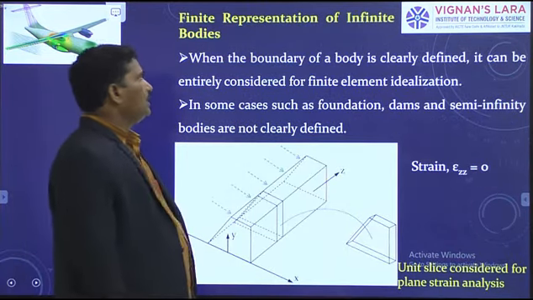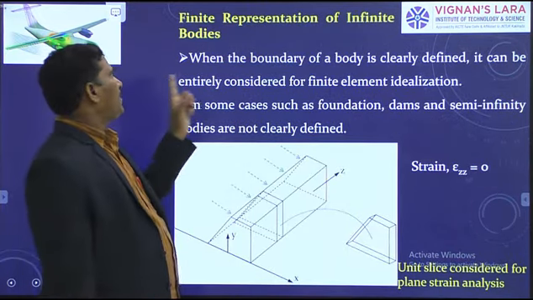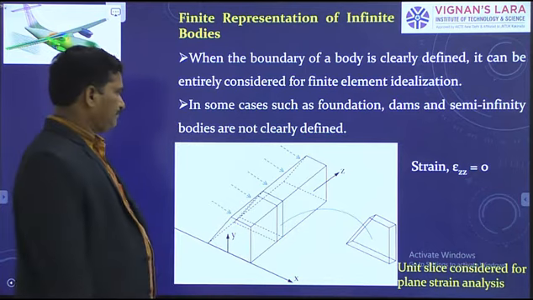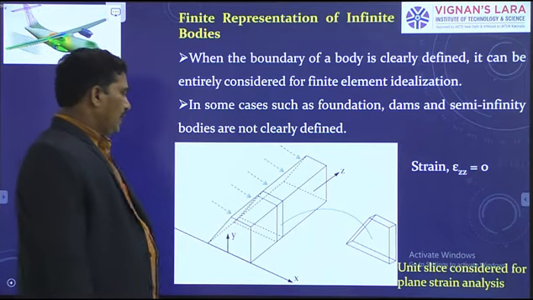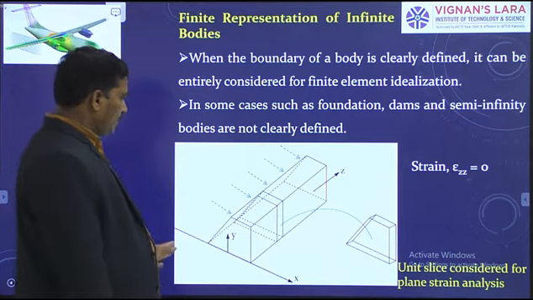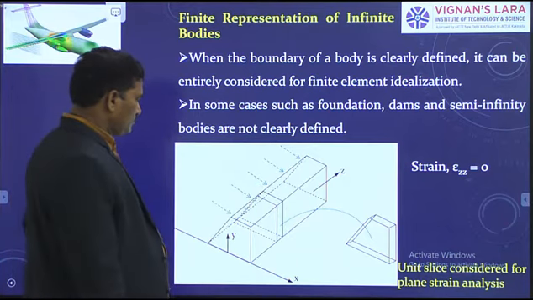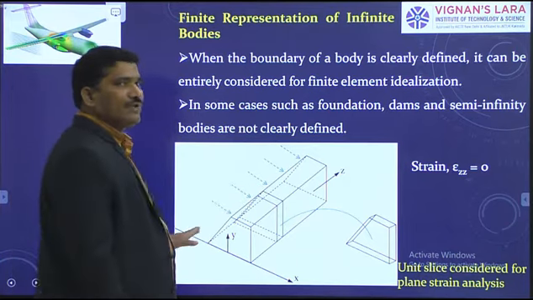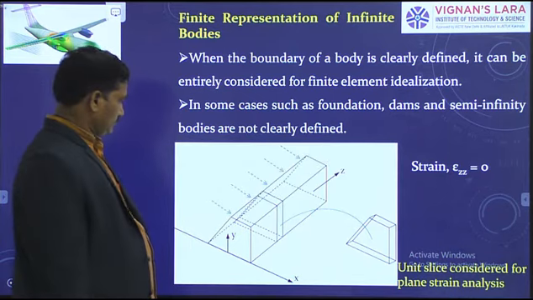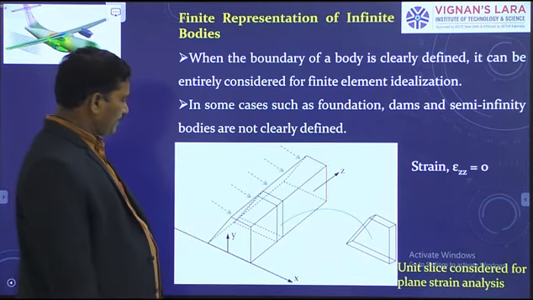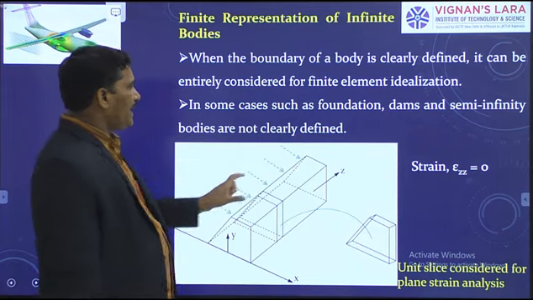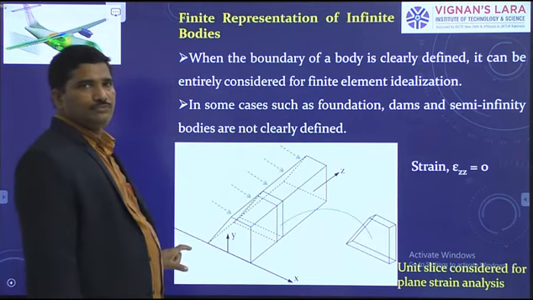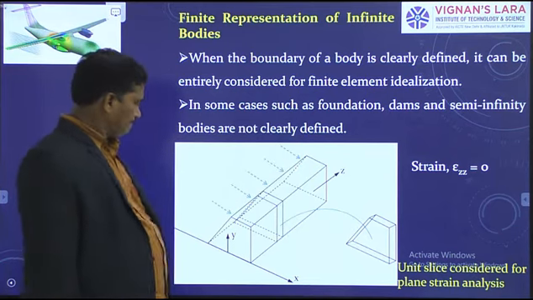Now, finite representation of infinite bodies. Observe here. This is a body. Its length is very large. Right? The cross-sectional area is the same throughout its length.